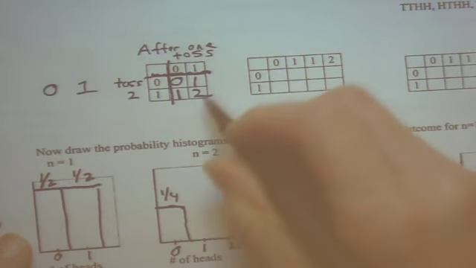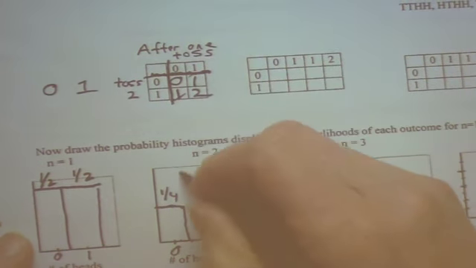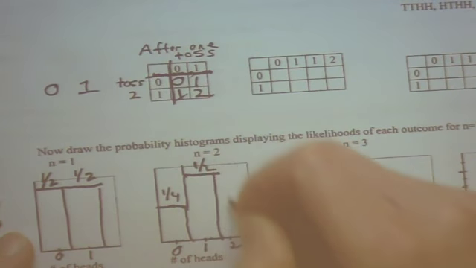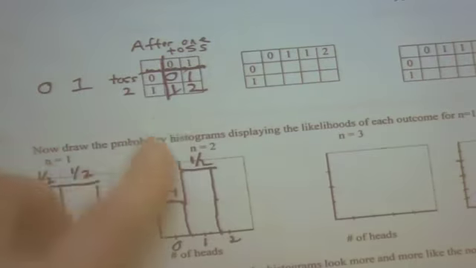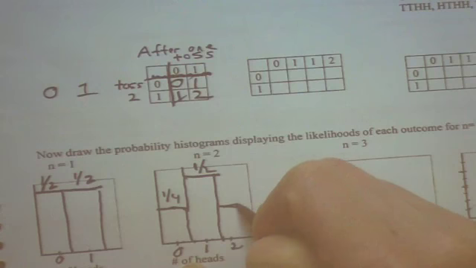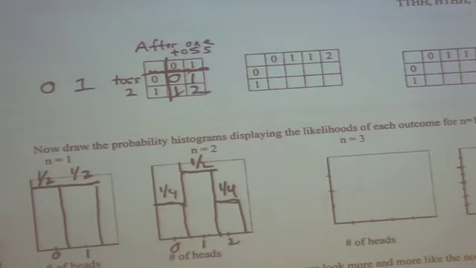And there's 2 ways right here, so that's half. I'll make it that tall. And then half the time you're going to get one head, and 1/4 of the time you're going to get both heads. And of course, the areas add up to 1.